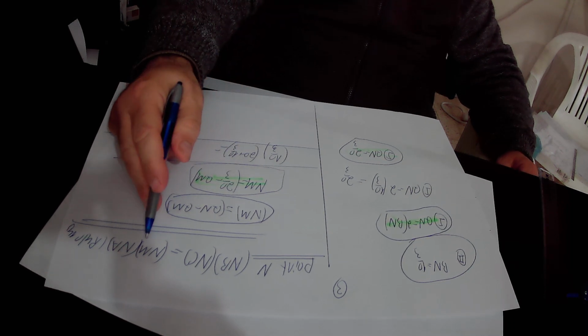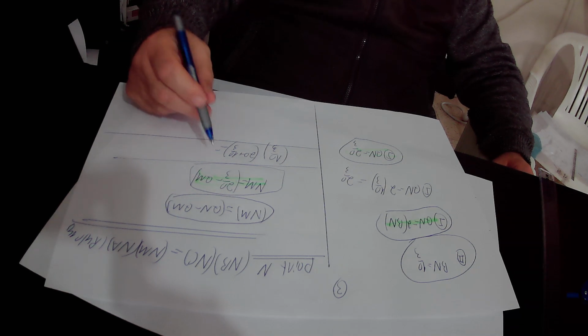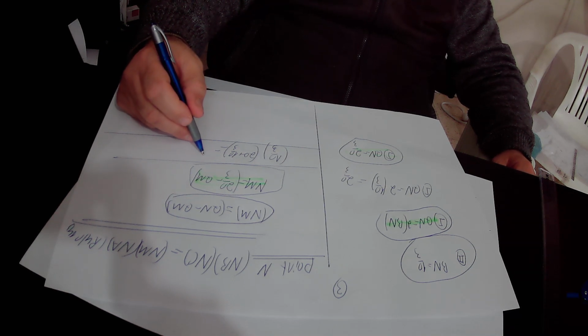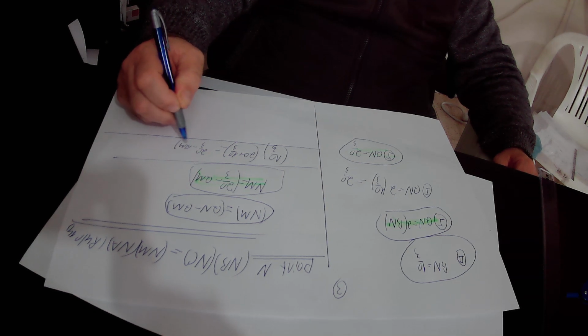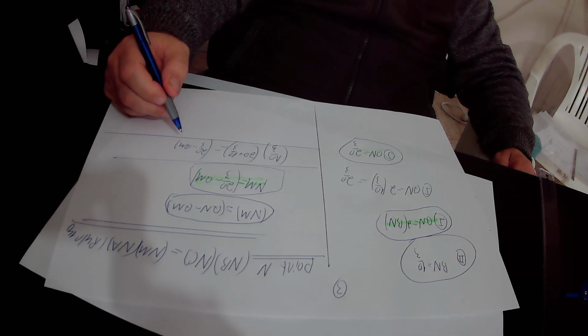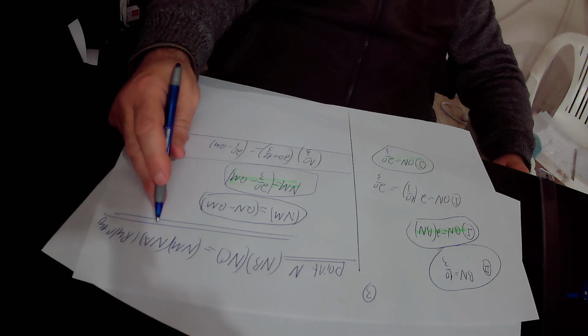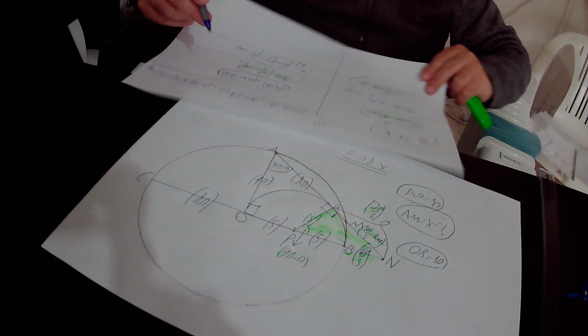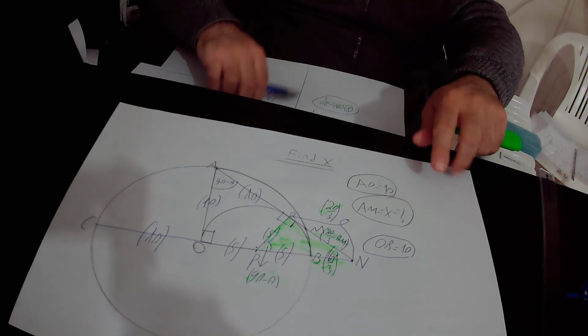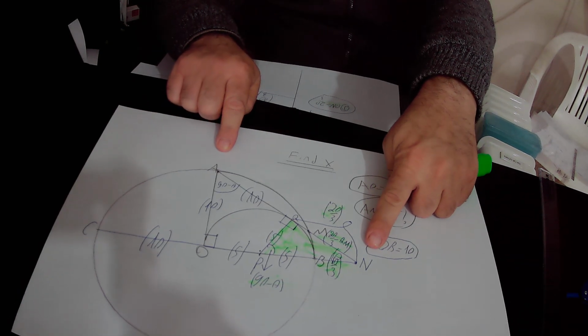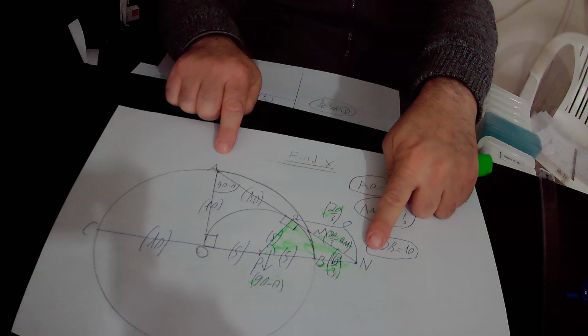And it equals NM. NM is 20 over 3 minus QM, times NA. What is the length of NA? NA or AN in total equals AQ plus QN.